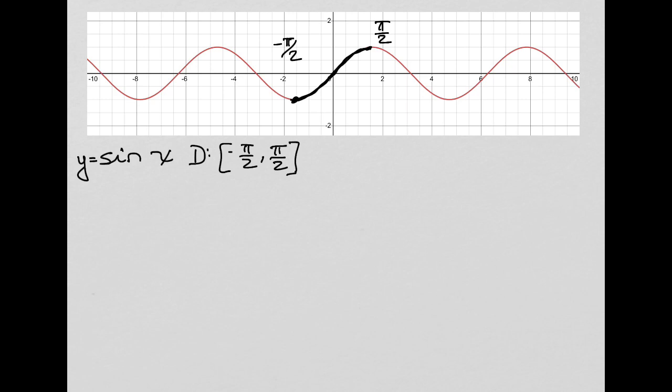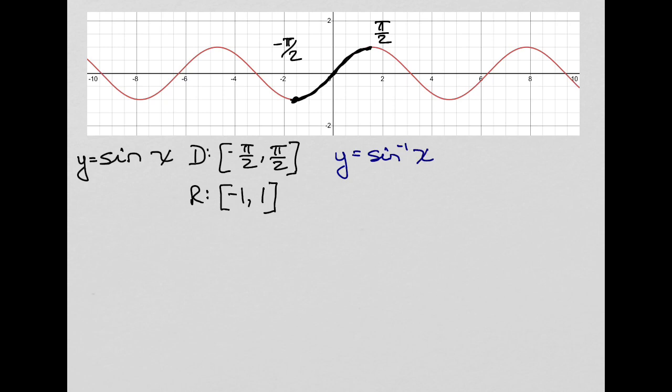We might as well mention the range at the same time. The range of the sine function, I hit every possible value in the range from -1 to 1 on that little piece. So then, what about this inverse? Here's how we're going to write it. We're going to read this: y is the inverse sine of x.